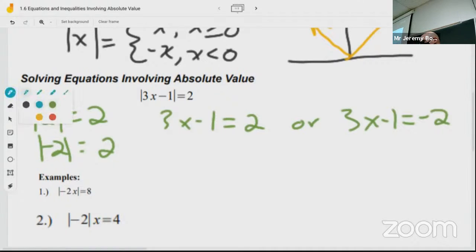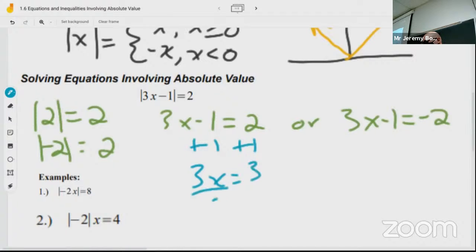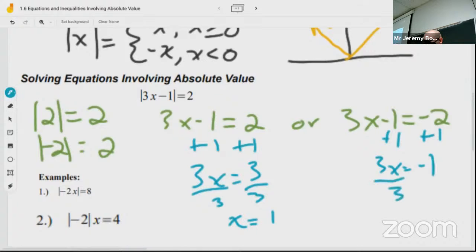And so if we solve both of those, we add 1, we get 3x is equal to 3, divided by 3, x is equal to 1. And for this one, add 1 to both sides, 3x is equal to negative 1, divided by 3, and x will equal negative 1/3.